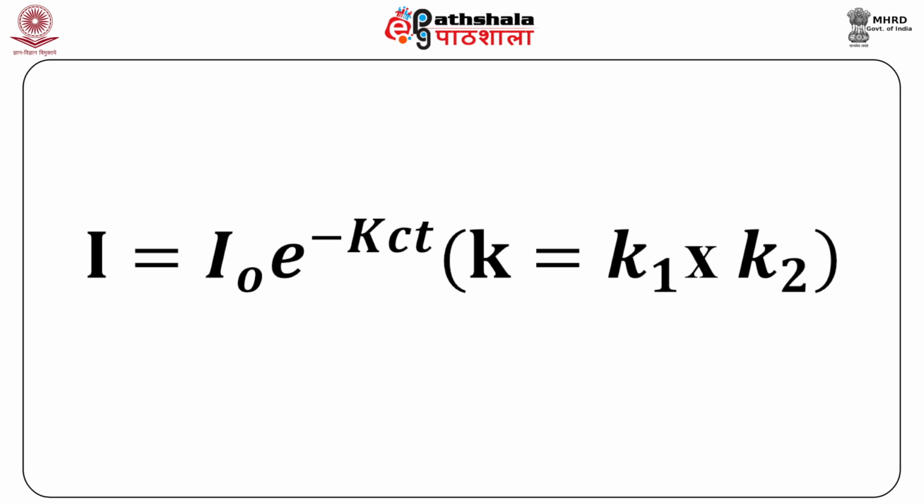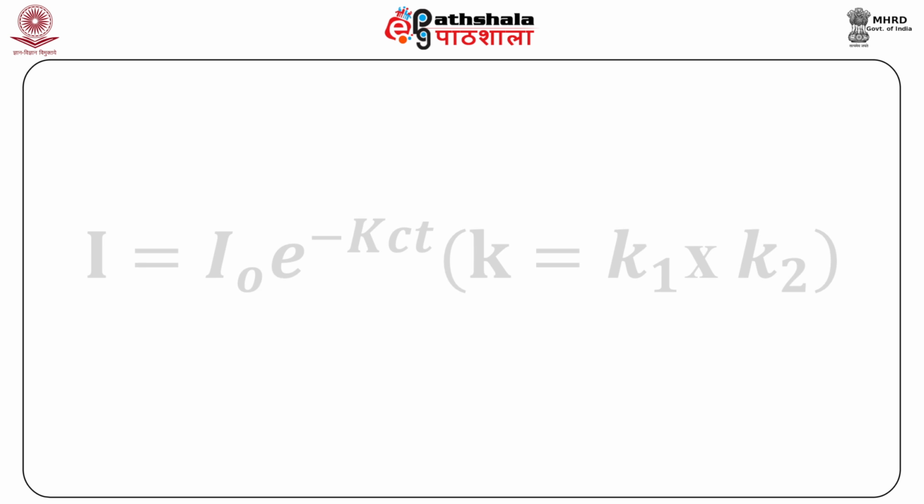This can be written as an equation where I is equal to I₀ e raised to the power minus kct, where k is the multiplication of k1 and k2.